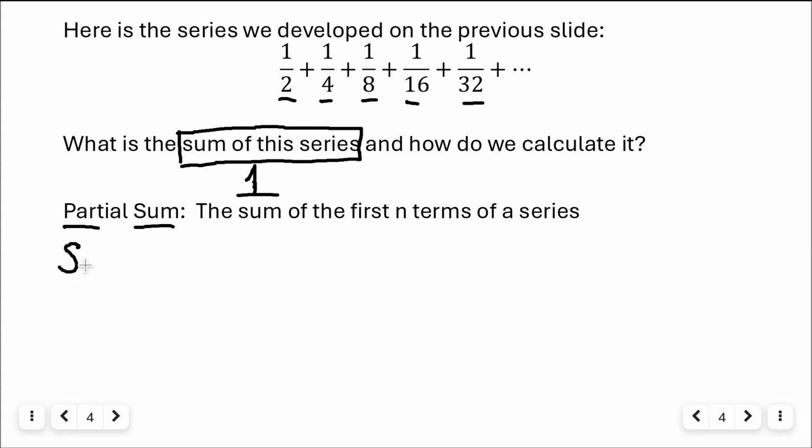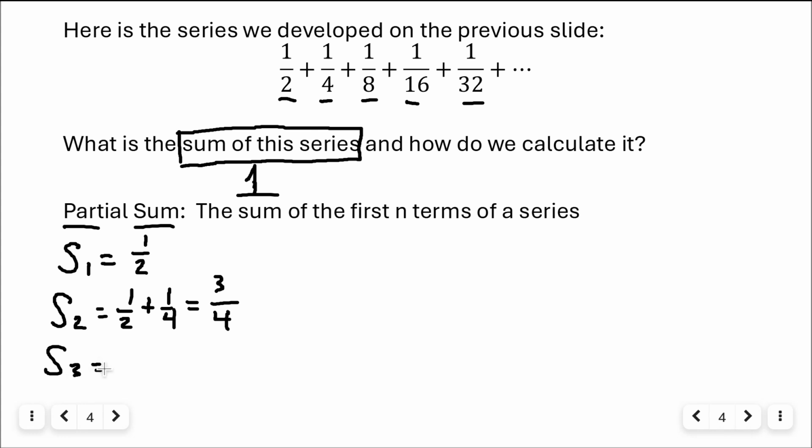If I wanted to find s sub 1, the first partial sum of the series up there, it would be 1/2, just the first term in the series. If I want s sub 2, the second partial sum, I would have to take 1/2 and add 1/4. Take the first two terms of the series and add them together. I could do that pretty easily, right? Find a common denominator, you get 3/4.